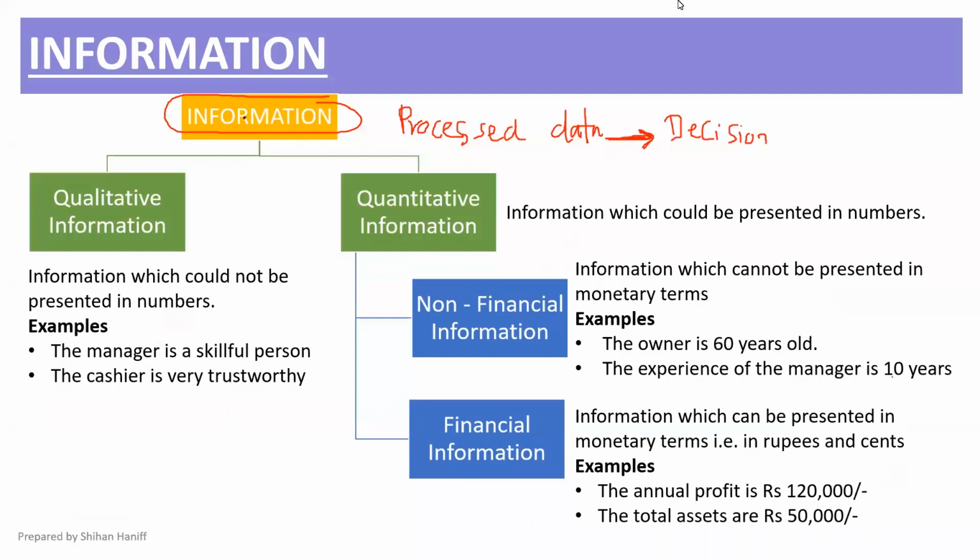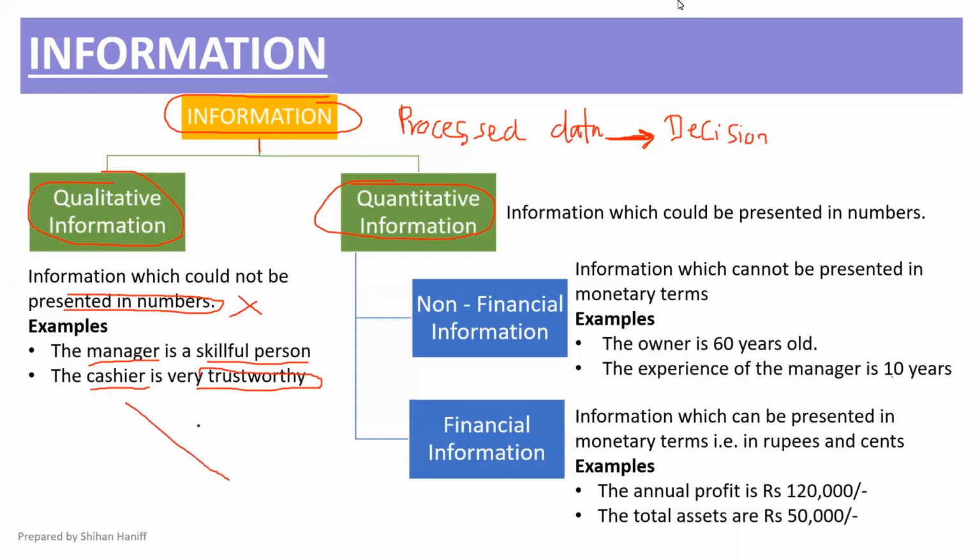So information can be divided into two: qualitative information and quantitative information. Qualitative means you can't present it in numbers. For example, if our manager is a skillful person or the cashier is trustworthy, these are information.